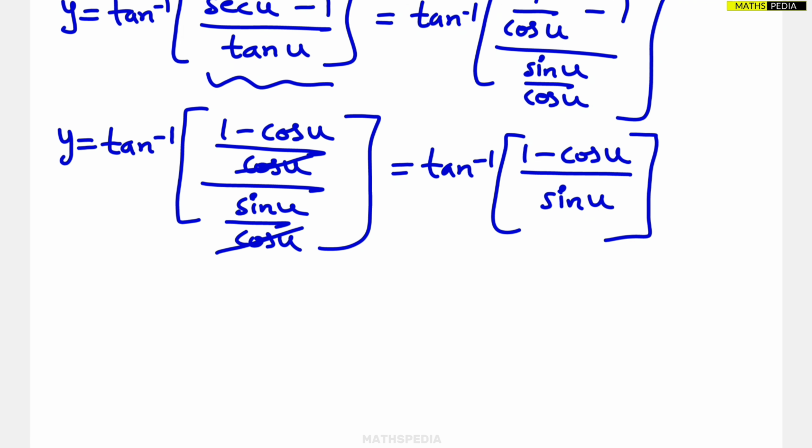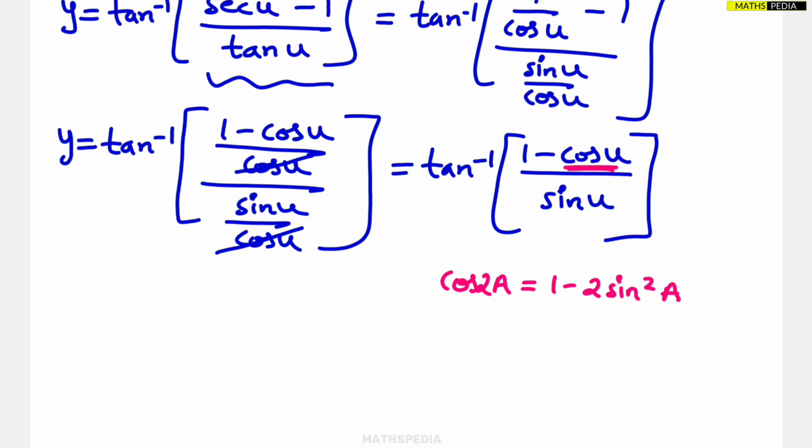Now this particular function I have to bring into tan form. So can we convert this 1 minus cos u into some other function? Yes, it is quite possible. This is a very important thing that you might have studied: cos 2a is equal to 1 minus 2 sine square a.